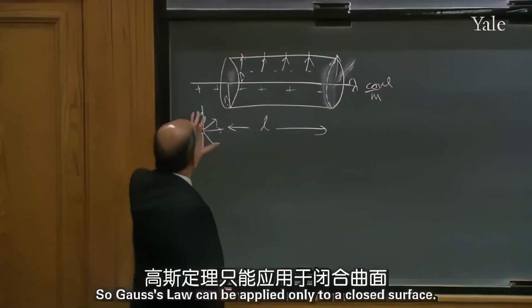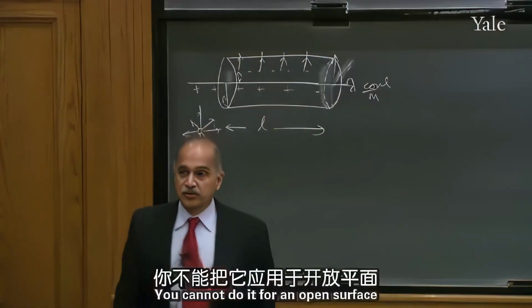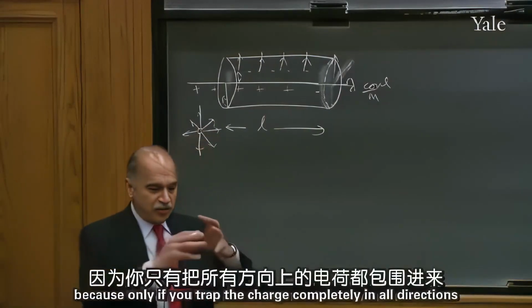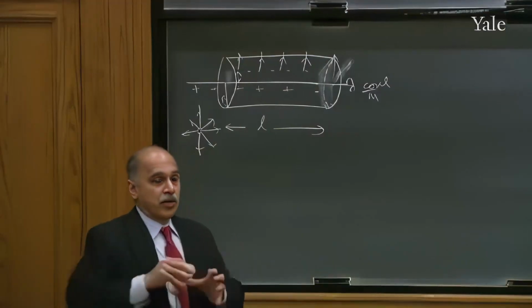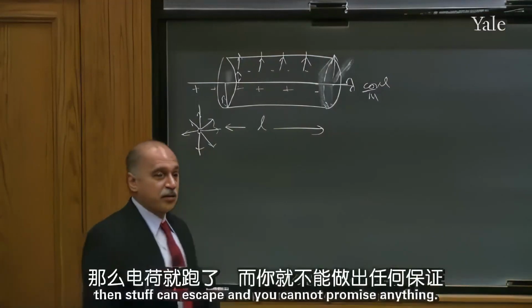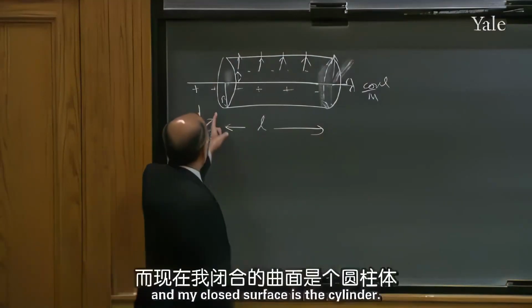Gauss's law can be applied only to a closed surface. You cannot do it for an open surface, because only if you trap the charge completely in all directions will you count every line. If you got holes in your surface, then stuff can escape and you cannot promise anything. So I need a closed surface, and my closed surface is the cylinder.